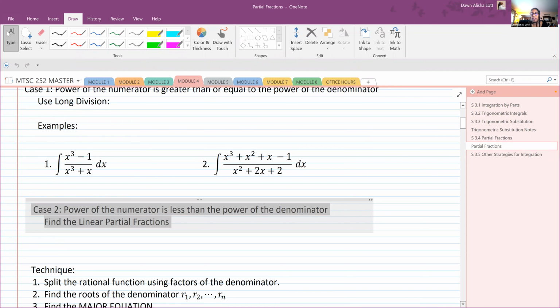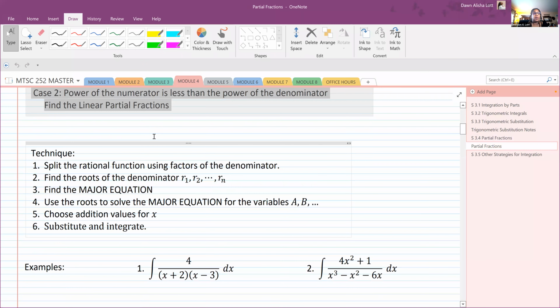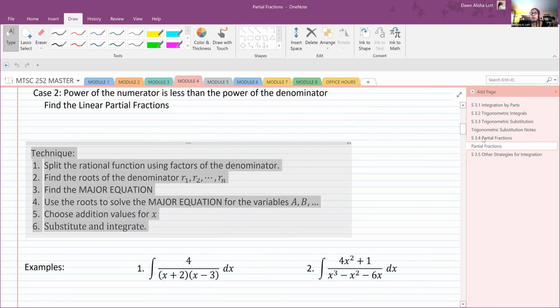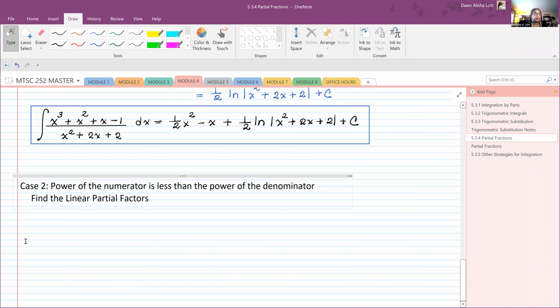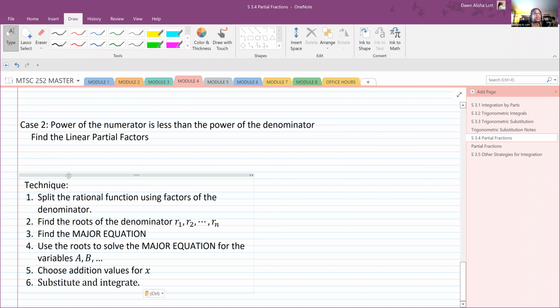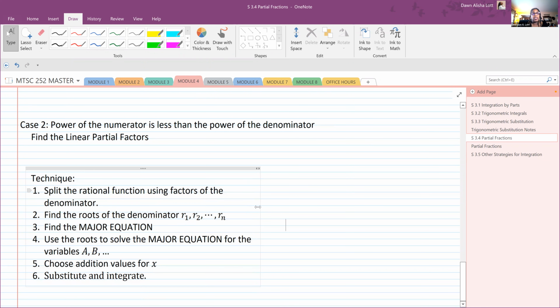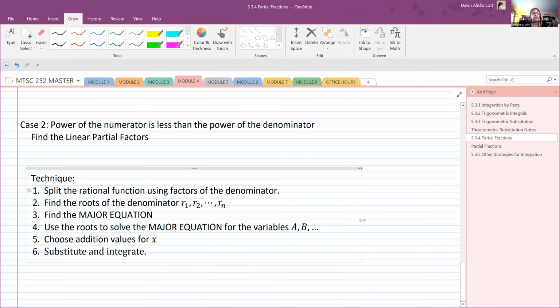Okay, so here's the technique, and we're going to go over this several times. The first thing we're going to do is split the rational function using factors of the denominator.